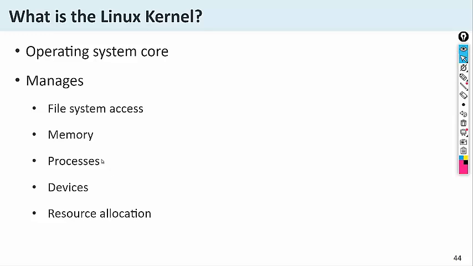Another task is managing the devices, built-in devices and non-built-in devices. For example, you have a hard disk, but how can the hard disk communicate with the operating system? The hard disk cannot communicate by itself. There are some drivers executed inside the kernel or by the kernel, and with the help of the drivers, the hard disk can communicate with the operating system.